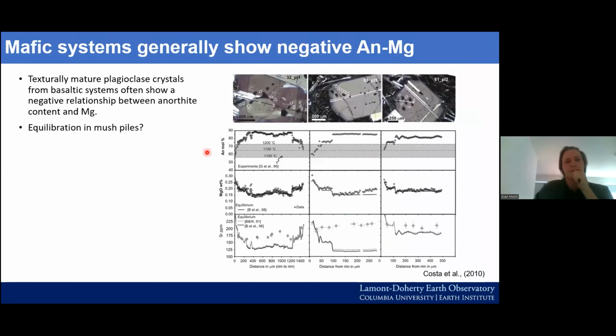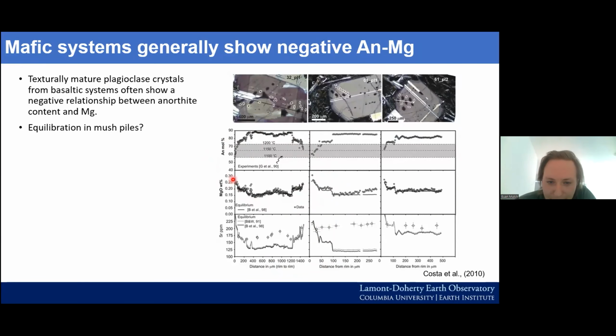And so maybe we can turn to nature, and that might reveal the answer. Certainly there have been a lot of studies done in basaltic systems, and what they also started to see was this negative relationship between the anorthite content and magnesium in plagioclase. Here's an example from Costa et al. again.